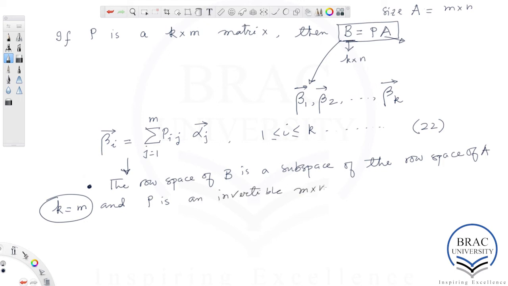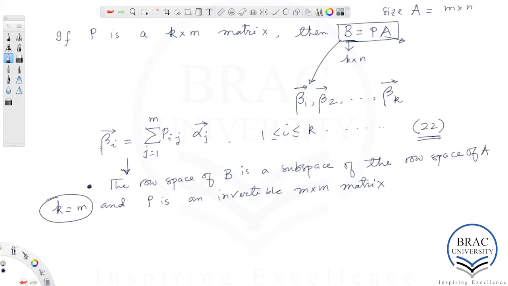When we have this special case, then there exists an analog of equation 22 where each of the alpha i's can be expressed as a linear combination of the rows of B, that is beta j's.